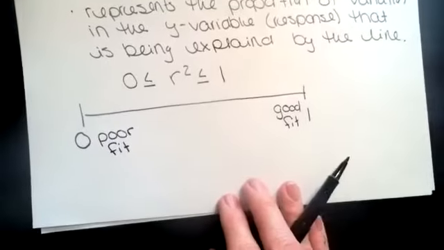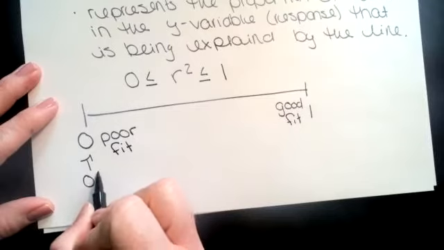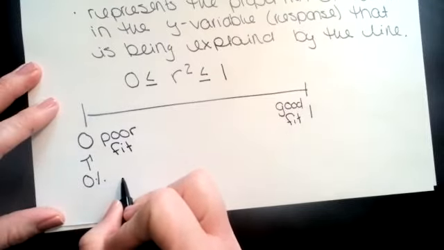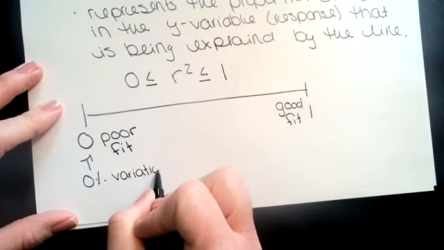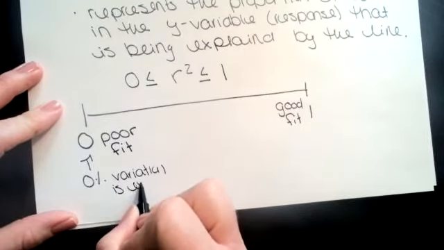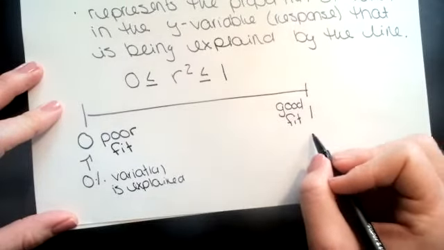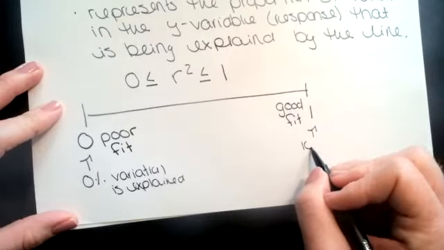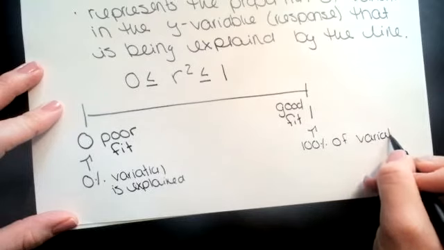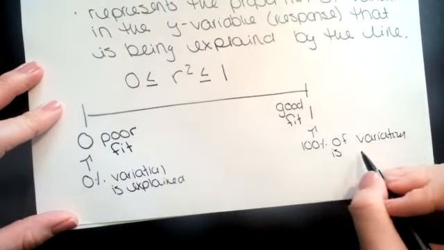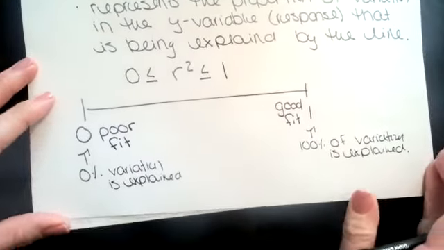Of variation in the y variable. So what this means is that 0% of that variation is explained by that line. And over here with the 1 would mean 100% of the variation of my y variable is explained by that line. So that's what we're looking at.